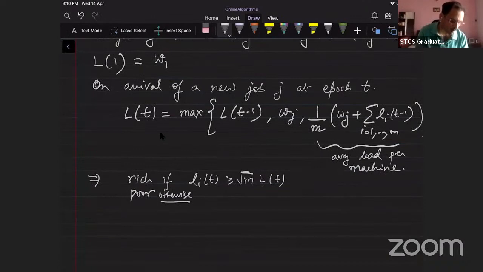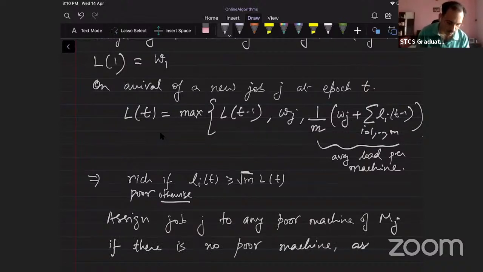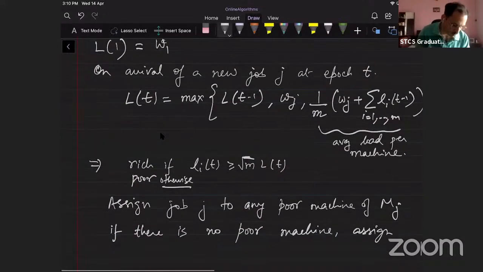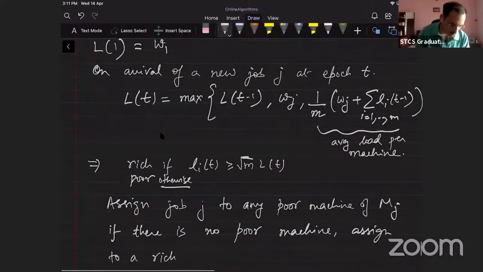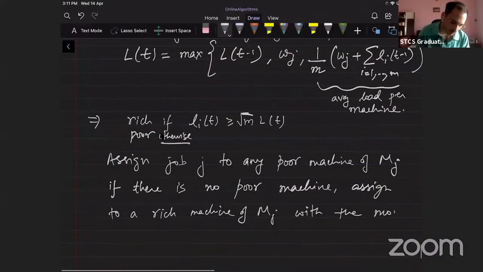So, the final assignment for a new job. Assign job j to any poor machine of Mj. If there is no poor machine, assign it to a rich machine of Mj with the most recent windfall time.